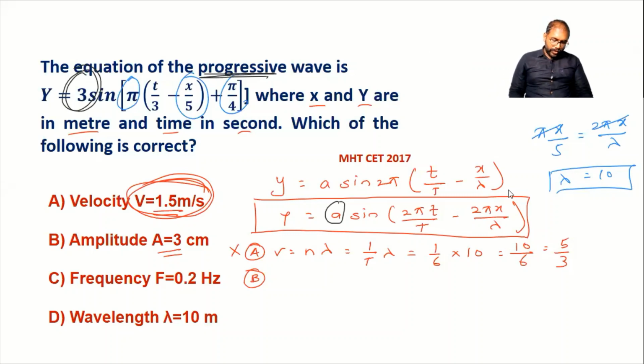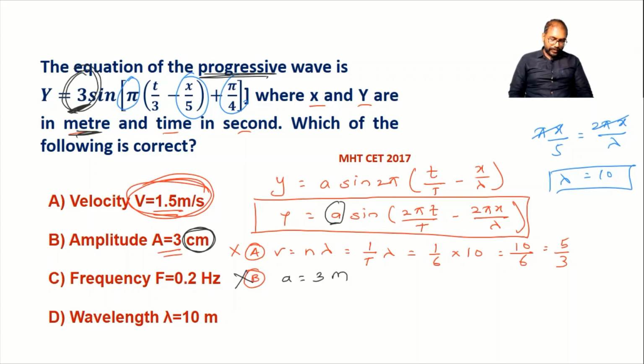Now here you can see this is 3 and here it is A. So A is equal to 3. But A is in meter, so 3 meter. Option B is written amplitude is 3, but the unit is not meter. So option B is also not the right option.